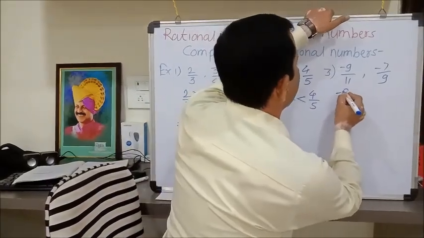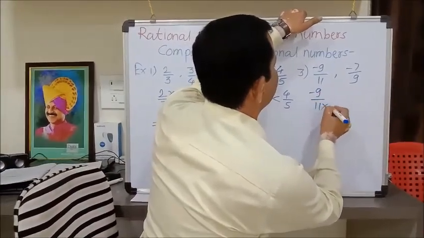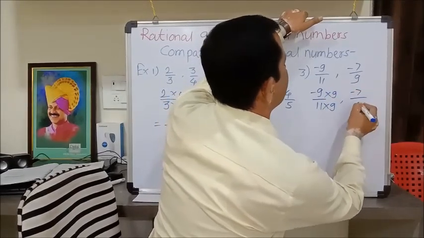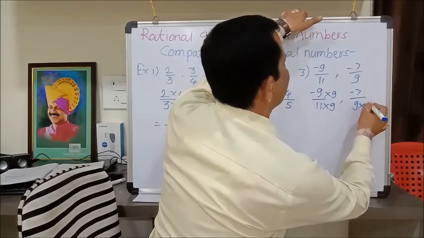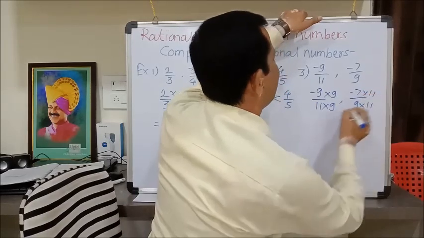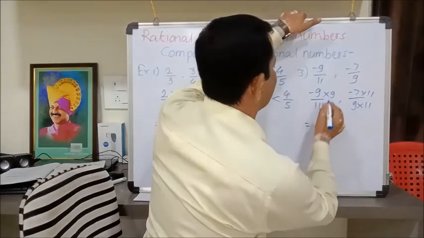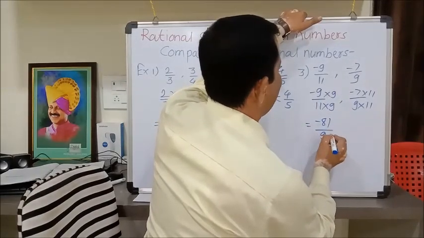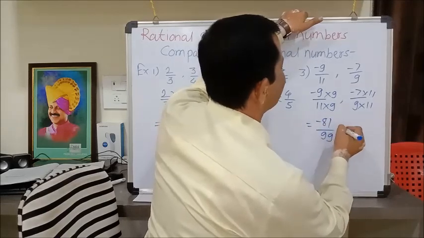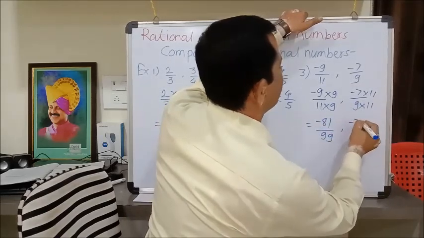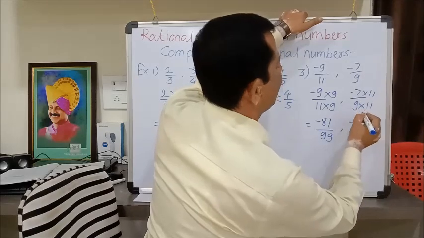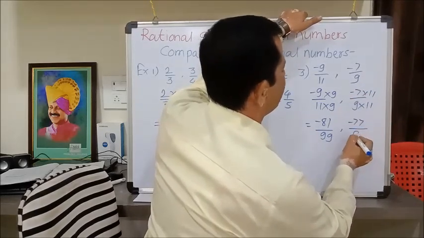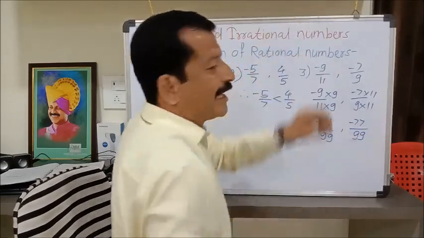So we multiply the first fraction by 9 and the second fraction by 11. Then we get 9 nines are 81, that is negative 81 by 99, and 7 elevens are 77, that is negative 77 by 99.